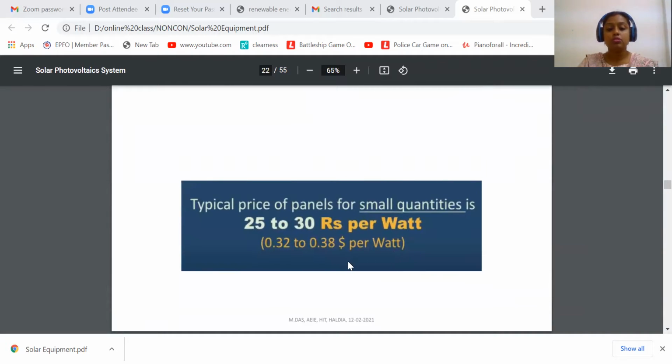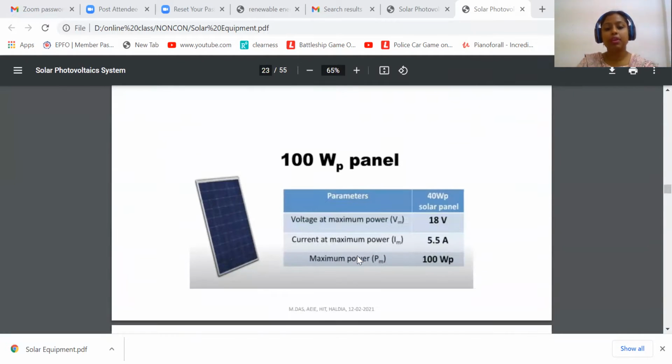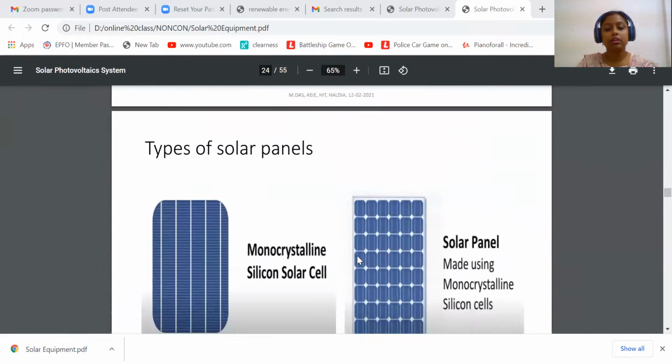The typical price of a panel in small quantities is 25 to 30 rupees per watt, which is equivalent to 0.3 to $0.38 per watt. Similarly, we have 100 watt peak panels. In the market there are different types of solar panels, like monocrystalline and polycrystalline solar panels.